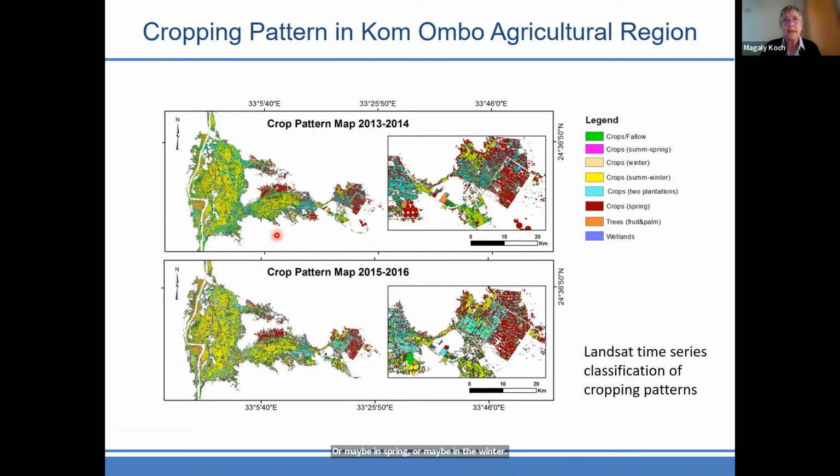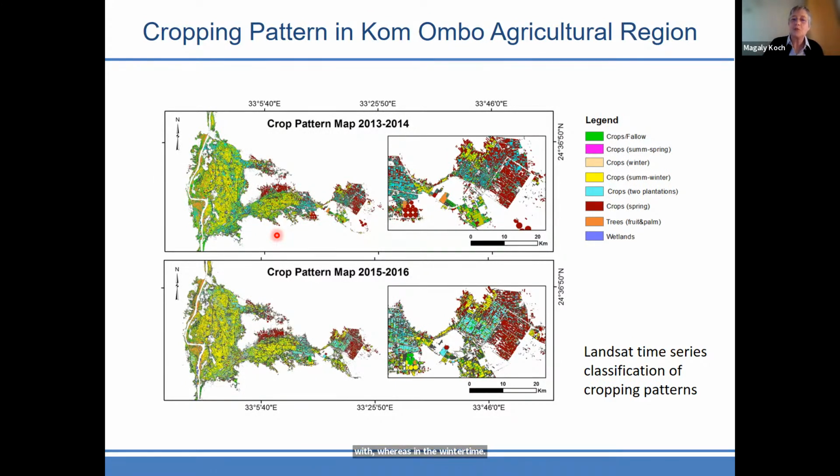Now, in a desert area, the timing is very important, because remember, all the crops need to be irrigated. And we know that during the summertime, the temperatures really get very hot, whereas in the wintertime, it's still hot, but less. Right?